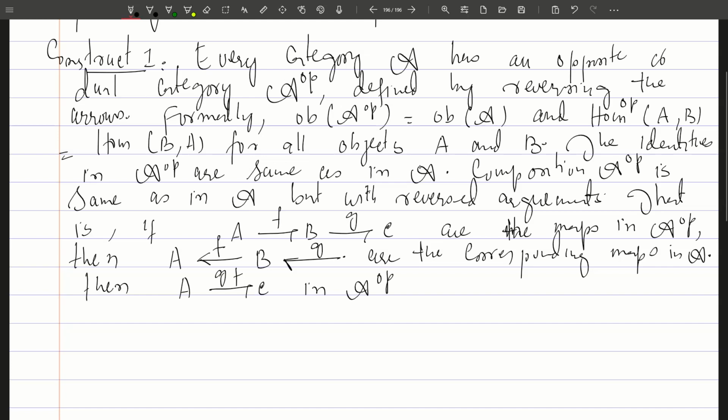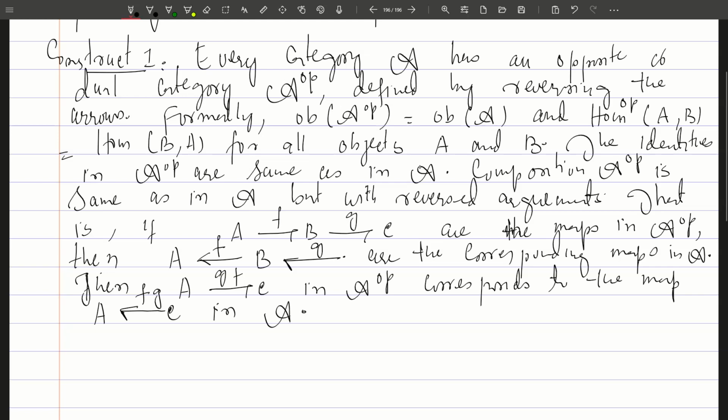This corresponds to a map from C to A. So this direction changes. So this is the map f composite g. This is in the given category.